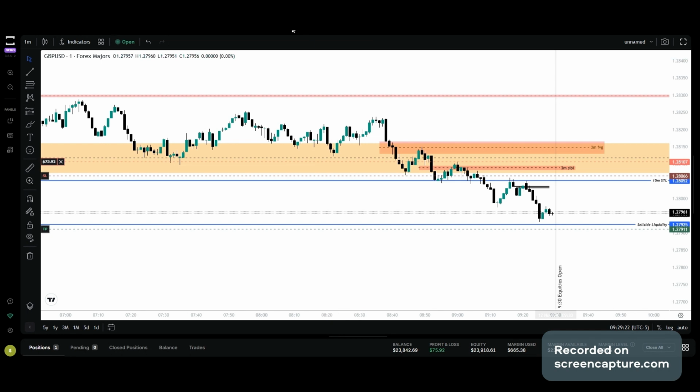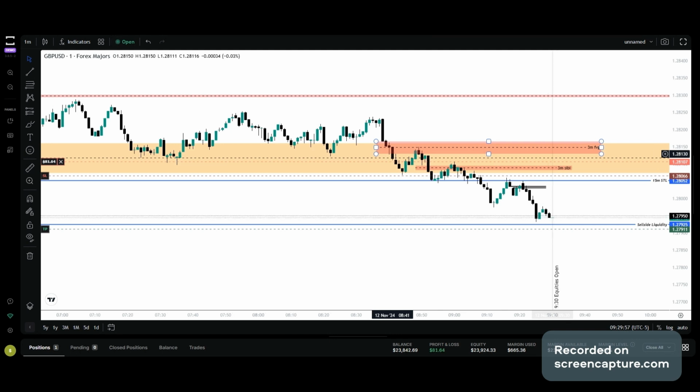All right, 1 minute till equities open. Well, 30 seconds till equities open. 10 seconds. And there we have it. Coming up now. Here's the open.